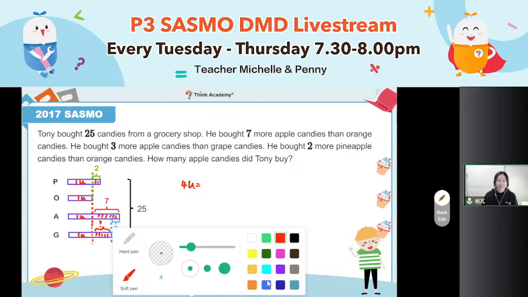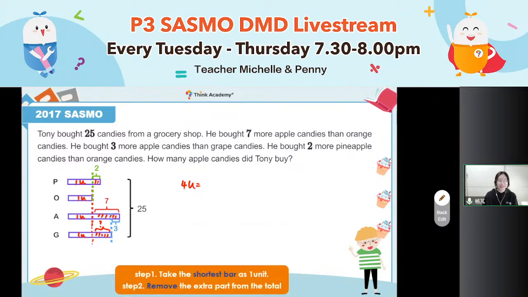If you take away the extra part, you will find the total number of 4 units. First, from 25, I need to take away the 2, take away this extra part. Then from 25, I also need to take away 7.